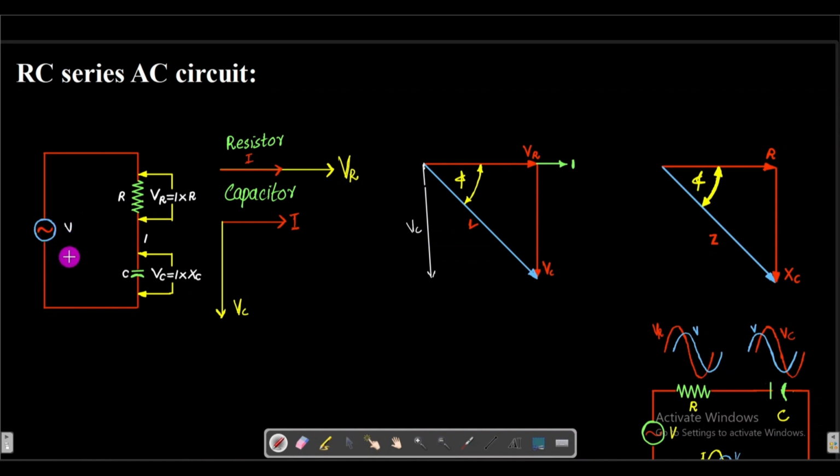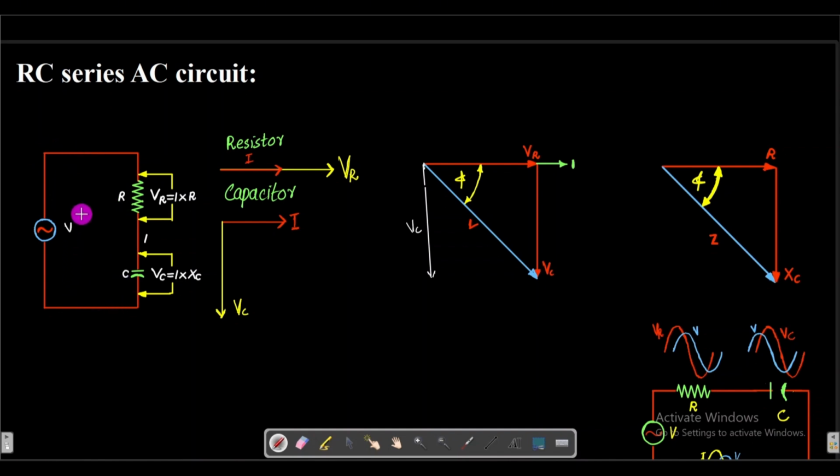When the voltage is provided to the circuit, an electric field will develop inside the conductor, and that results in the alternating current in this circuit.